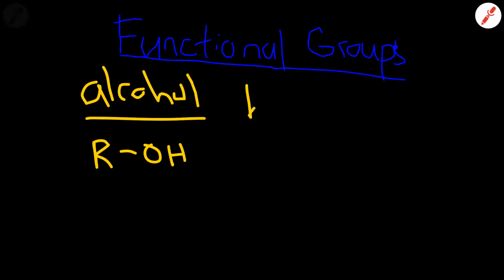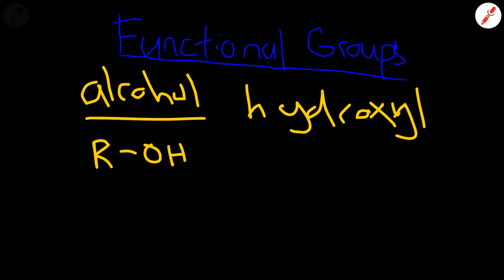So an alcohol group can also be known as a hydroxyl. The names are interchangeable. Often as you get into upper division chemistry, it's more commonly known as the hydroxyl, but both work and are interchangeable.